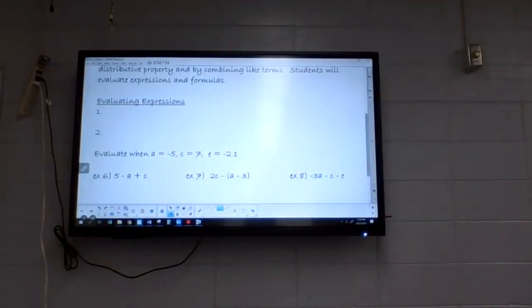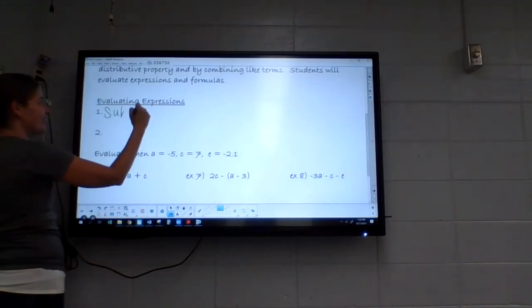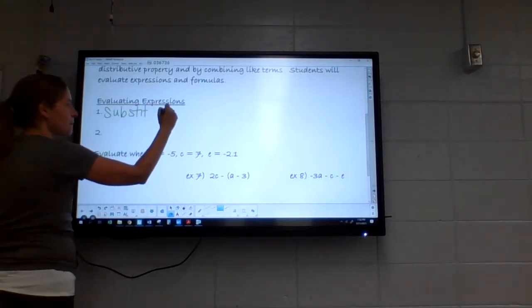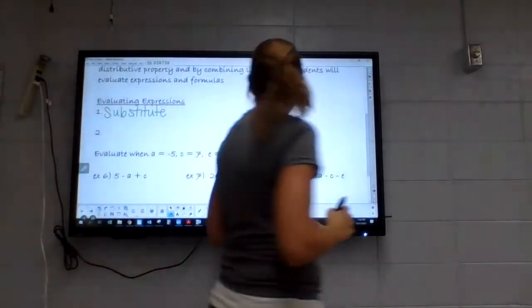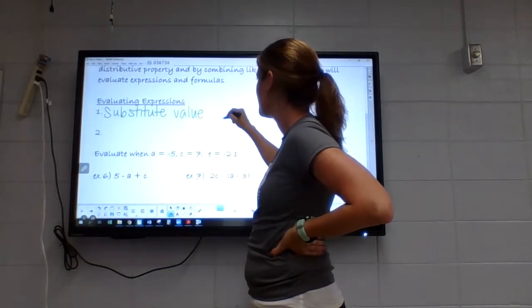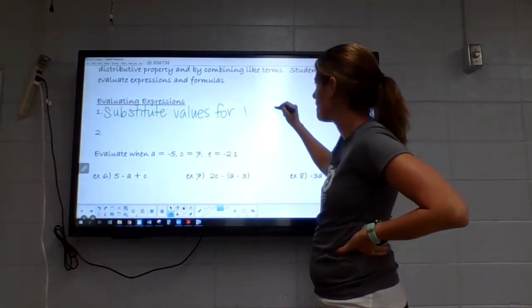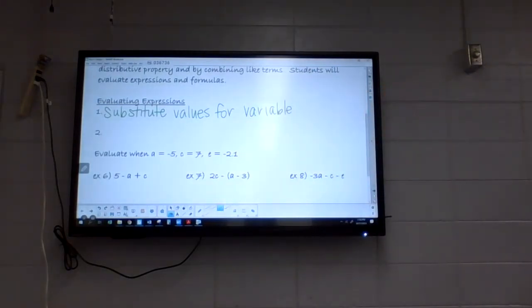Okay. So guys, evaluating expressions, they give us these values for A, C, and E. So what we're going to do with that is substitute those values, like put those values in. We're going to substitute those values for the variables.